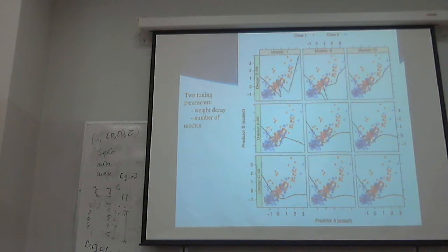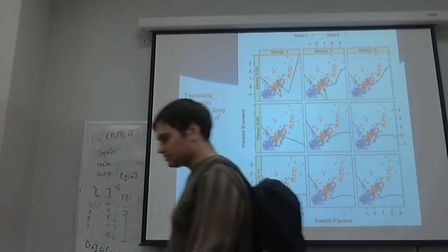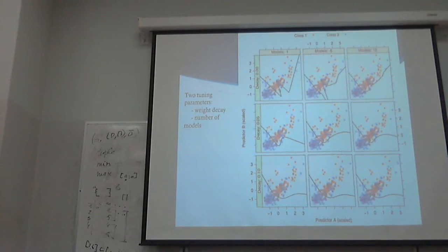This is a slide from the book where they show 2 tuning parameters, weight decay and number of models, and how the classification curves change depending on them.